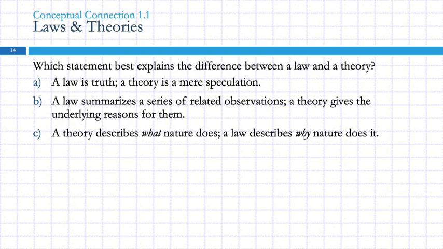So here's a question. Which statement best explains the difference between a law and a theory? A, a law is truth, a theory is mere speculation. B, a law summarizes a series of related observations. A theory gives the underlying reasons for them. Or C, a theory describes what nature does, and a law describes why nature does it.